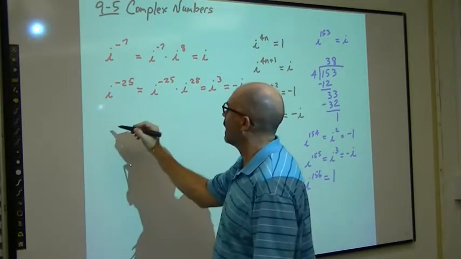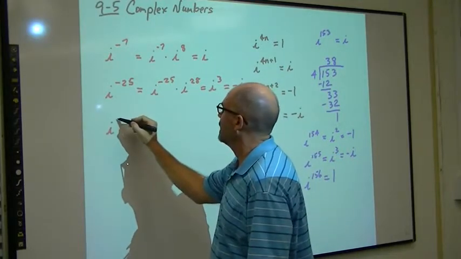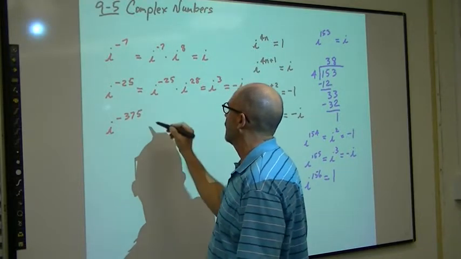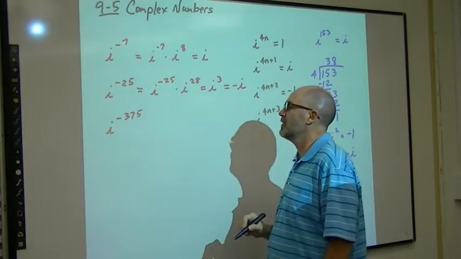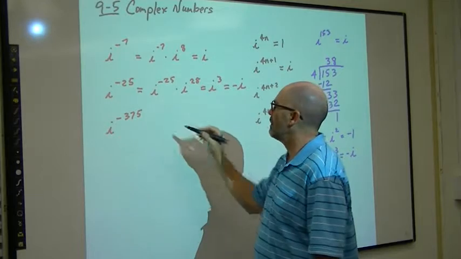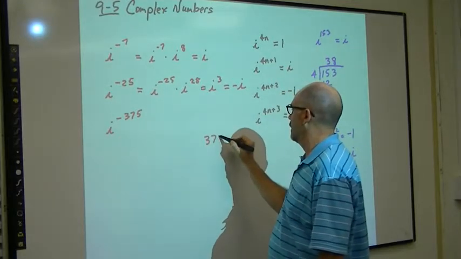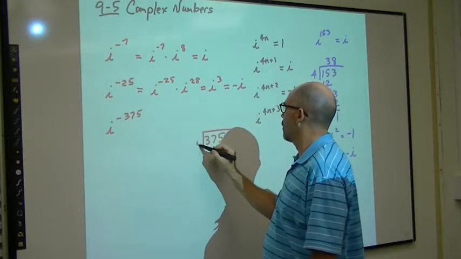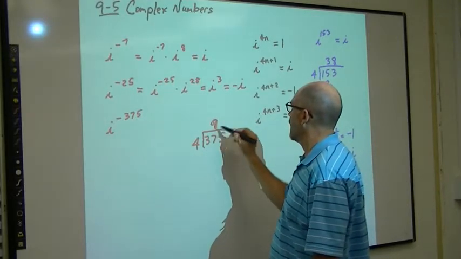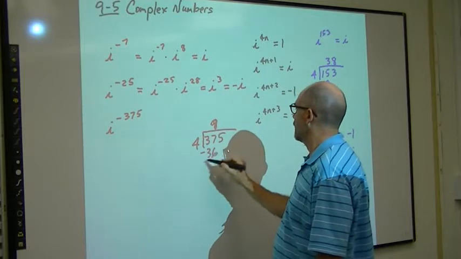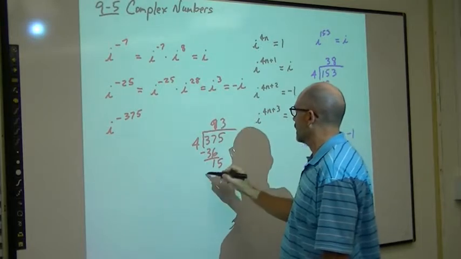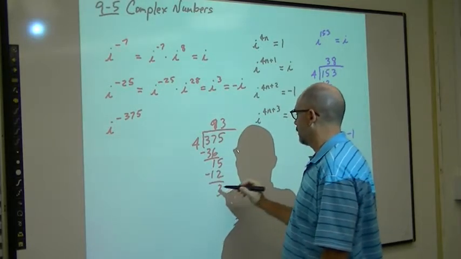Okay, so let's try i to the negative 375. So i to the negative 375, well, what I want to do is just divide 375 by 4, and I end up with 93, with 3 left over.